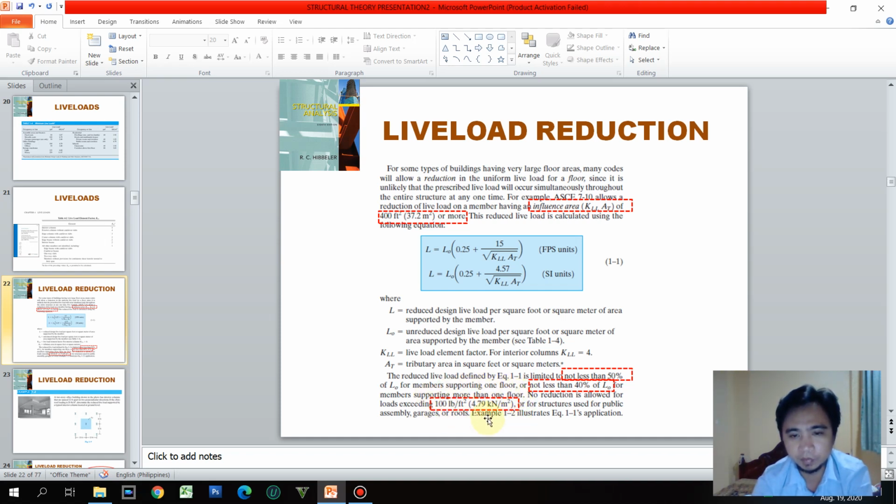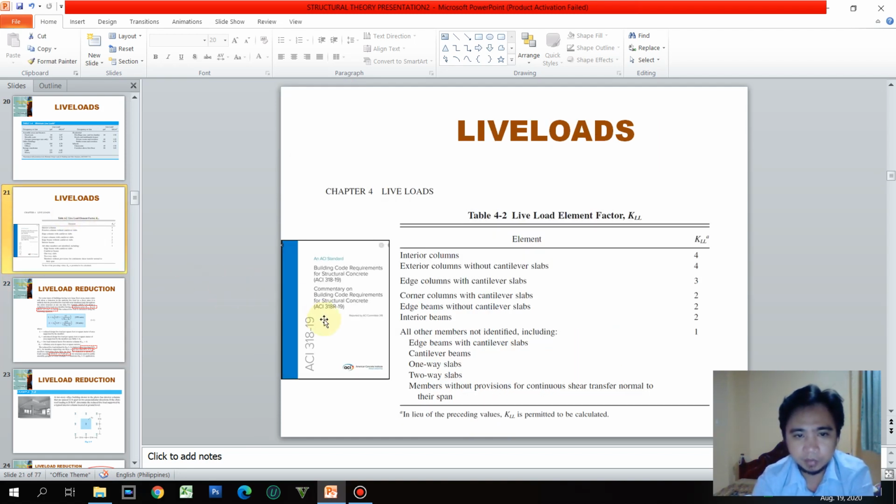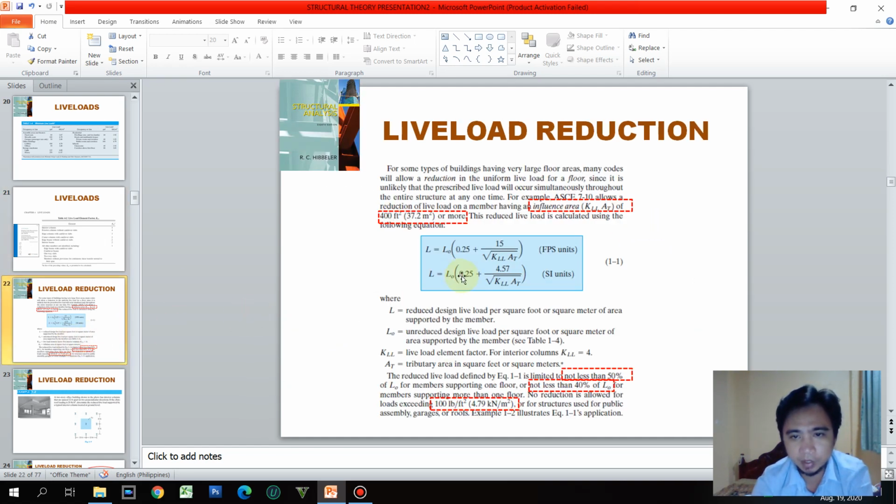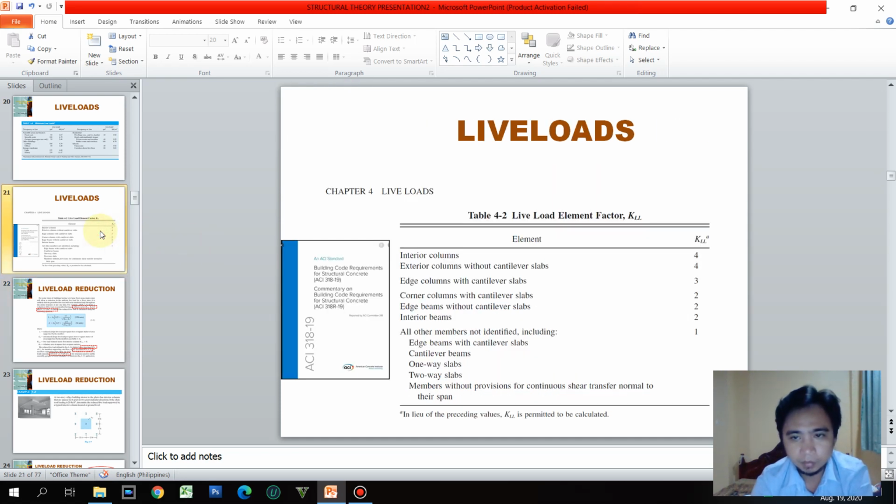However, if we have less than these values, we can reduce the live load. As for the table called from ACI 318-19, we have the live load element factor, KLL, that is present in the formula, as well as the checking of the influence area, KLL AT.